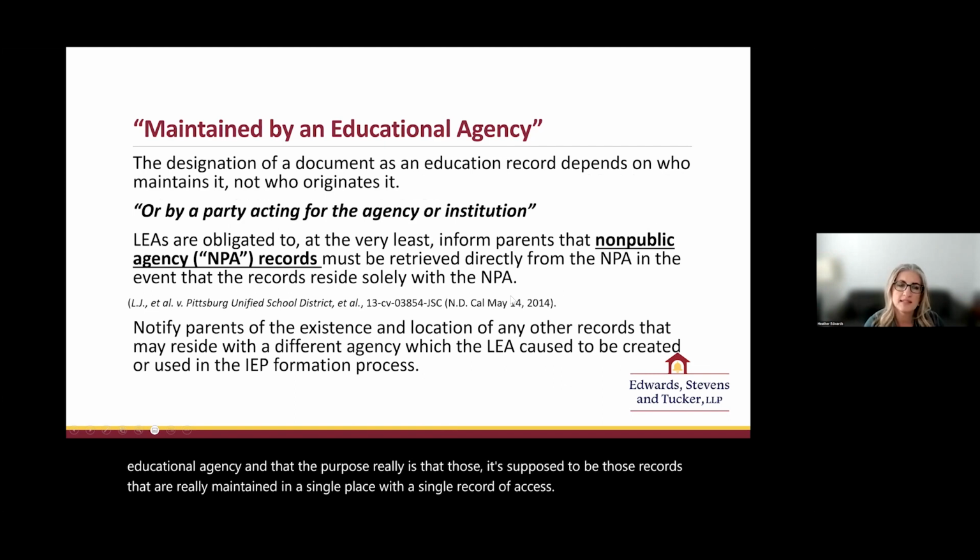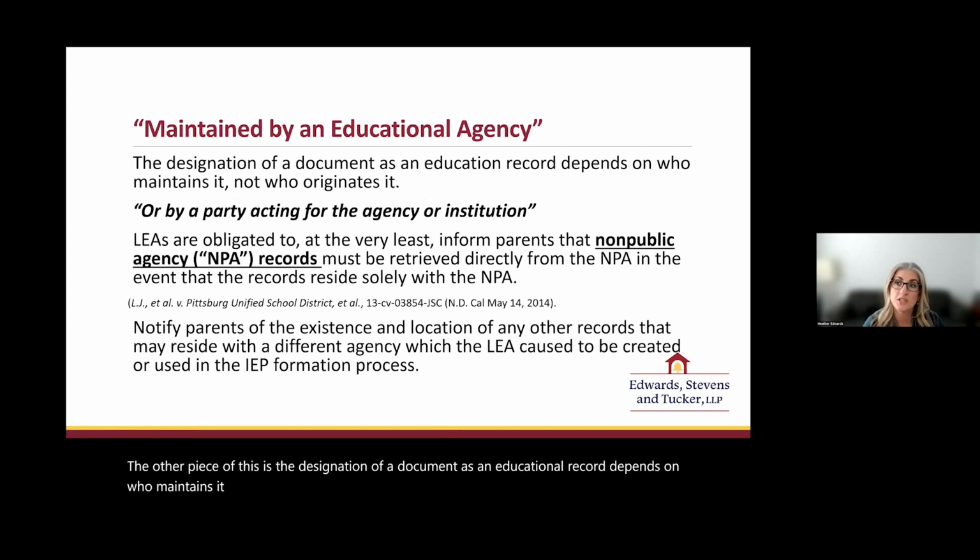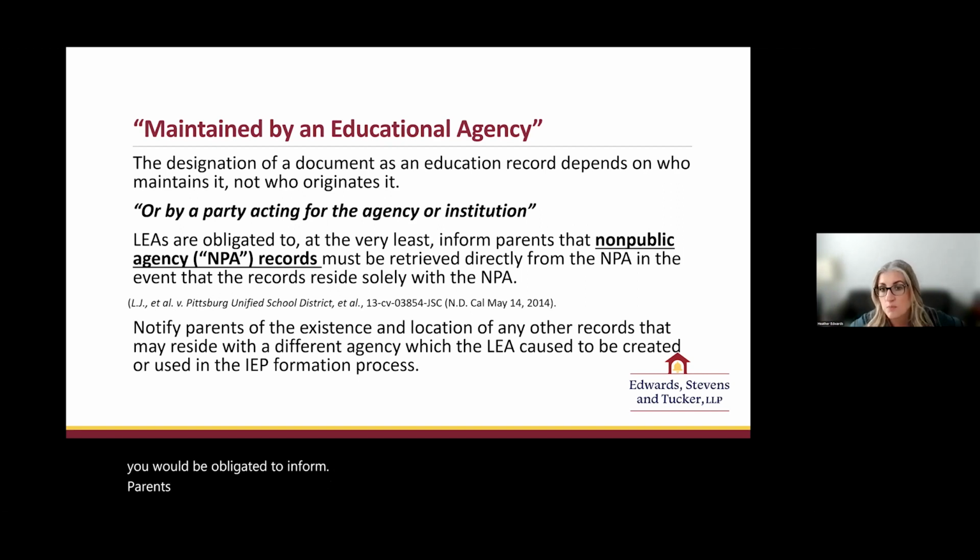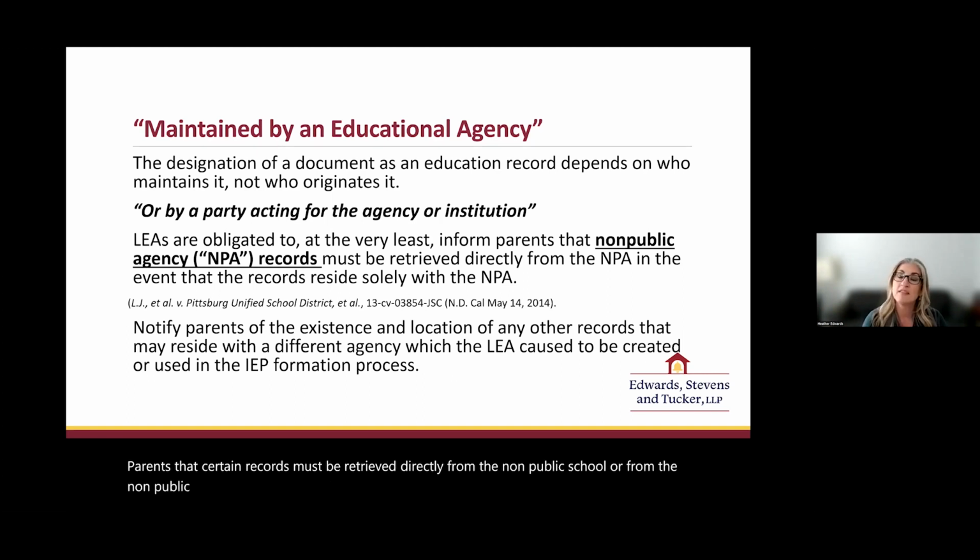The other piece of this is the designation of a document as an educational record depends on who maintains it, not necessarily who originates it. So as we said at the beginning, it could also be maintained by someone who's acting on behalf of your LEA. So for example, if you have contracts with non-public agencies or non-public schools for your students, at the very least, you would be obligated to inform parents that certain records must be retrieved directly from the non-public school or from the non-public agency in the event that those records solely reside with the NPA or the NPS.